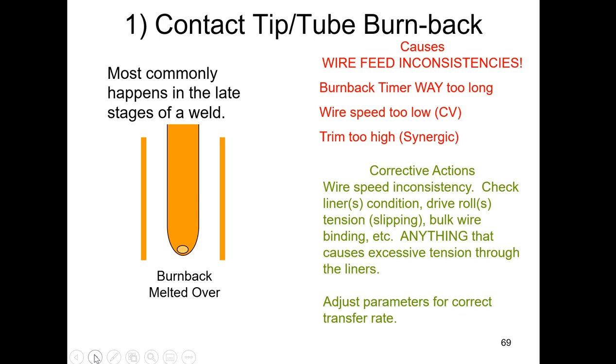If I saw any of these coming in, I'd be going over your wire feed speed inconsistency. Look at everything. And don't forget when you're checking your wire, one of the things I like to do is cut the wire back behind the drive rolls, take the drive rolls off, and actually slide the wire back and forth while I'm cycling through, going from point to point in teach mode.